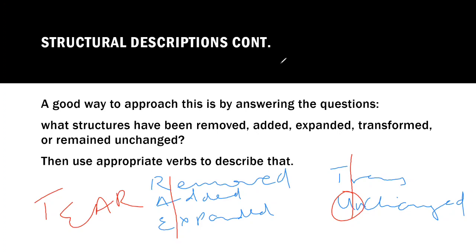Because when we're talking about the main descriptions later, it might be helpful for you to just have something at the back of your head that will give you a quick hint into what you are expecting. So if you have T at the back of your head, you know the T will be for transformed, this will be for expansion, this will be addition, and this will be removal.